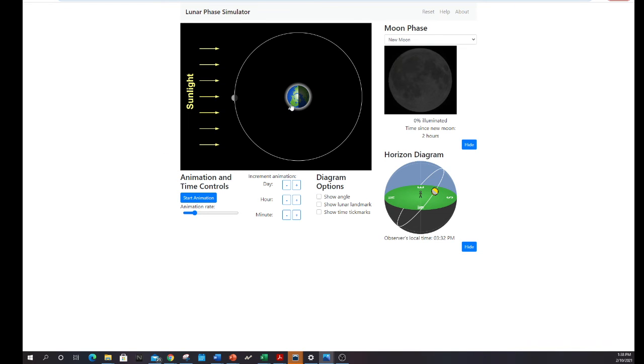But during the new moon, the side of the moon facing us is not illuminated by sunlight. It's actually illuminated by the light from the sun reflecting back from Earth onto the moon.